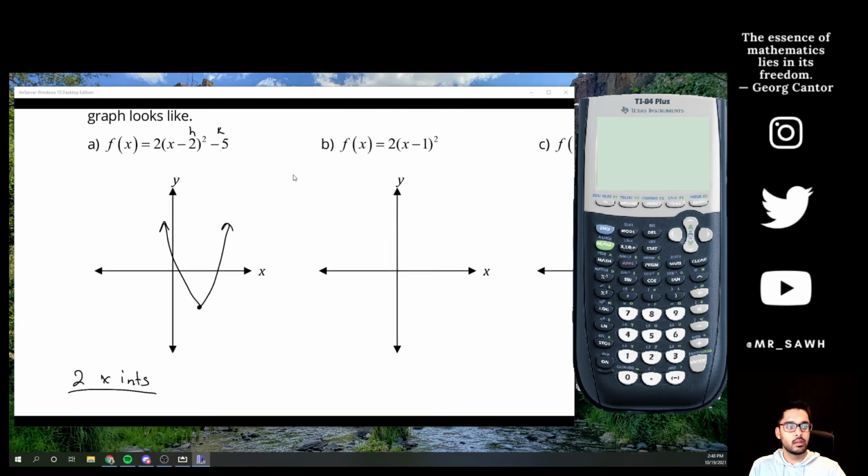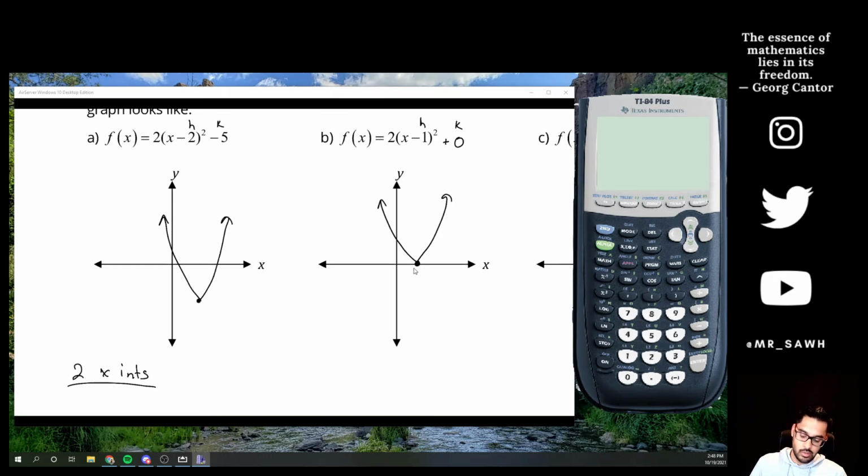For B, think about where that vertex is this time. Well, I only have a number for h, so really if I add 0 as a constant, now I have k. I could add 0 to something and not change it. So I know that my vertex here is on an x-coordinate of 1, but a y-coordinate of 0. And again, this is going to open upwards.